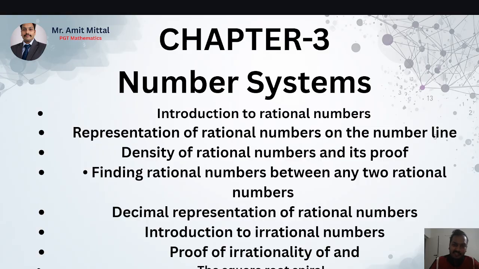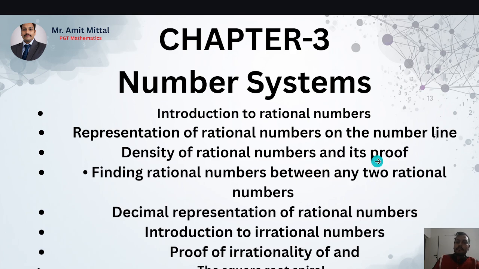And this chapter will again start from the basic number system. We'll start from natural numbers, then we will go to whole numbers, then we will discuss integers, then maybe the real rational numbers, and then we will discuss how we can represent rational numbers on the number line.